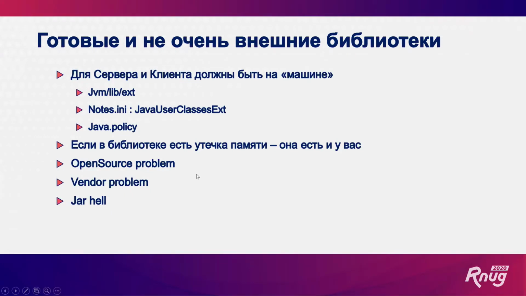Then for some libraries, JDBC Oracle, for UI elements, you need to adjust the Java policy file. This file is on the server and on the client, and it is in JVM lib security. And a user can also lack some rights for that, but there is a solution to that.